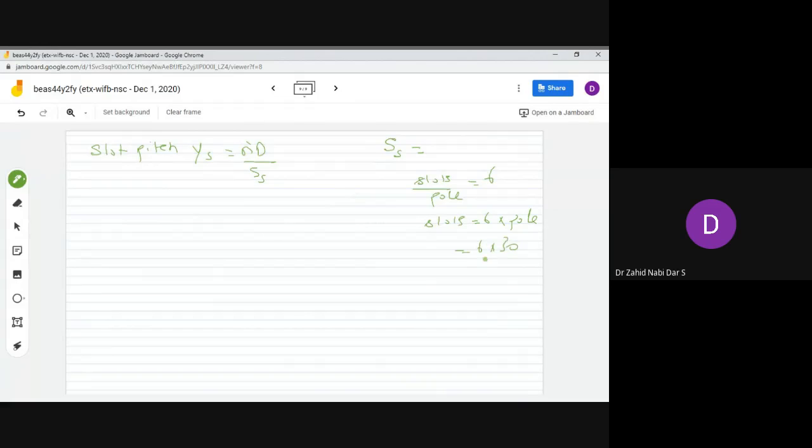The number of poles is 30, so the total number of slots would be 180. The D value you already calculated is 4.78, and the total number of slots is 180. So you get the slot pitch around 0.0834 meter.